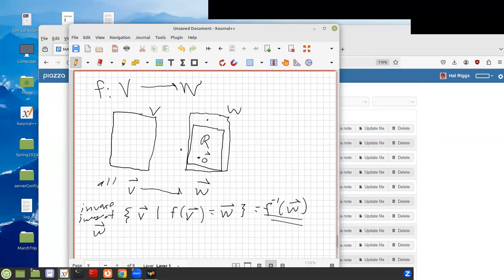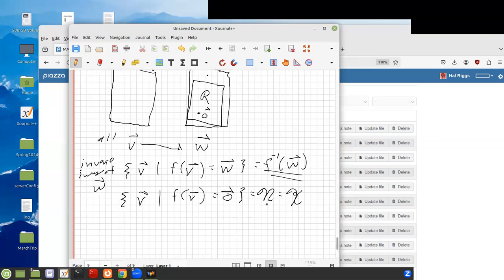Okay, well, it turns out that there's a special set, which is all the vectors V such that F of V equals the zero vector. This is called the null space. Sometimes it's called the kernel, and I've sometimes written K for it, but I'm trying to go back to just using N for the null space.